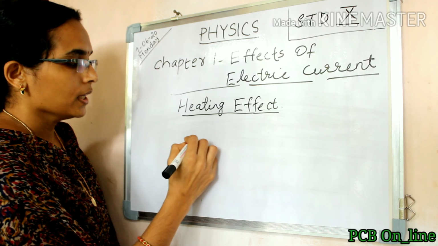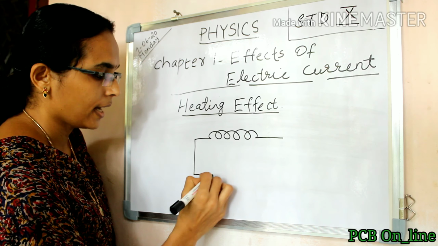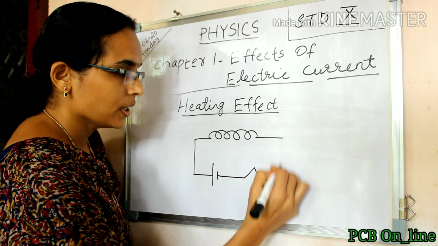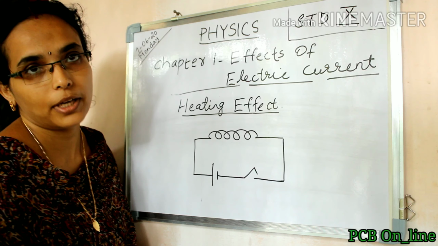For that, we take a nichrome wire and a circuit is arranged like this. Voltage is applied to the nichrome wire as shown in this circuit diagram.